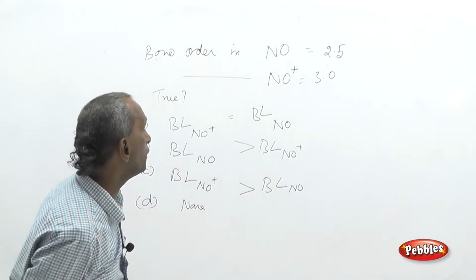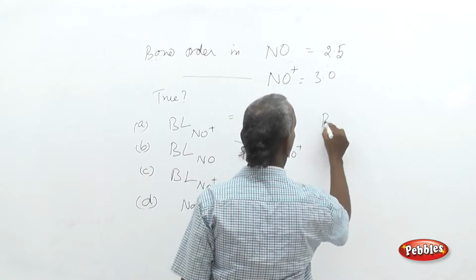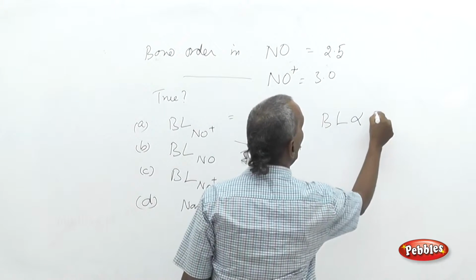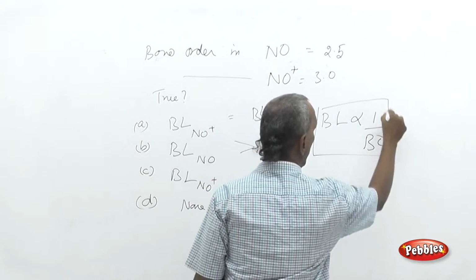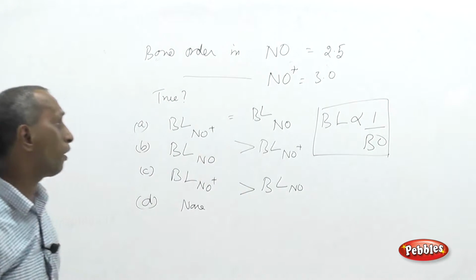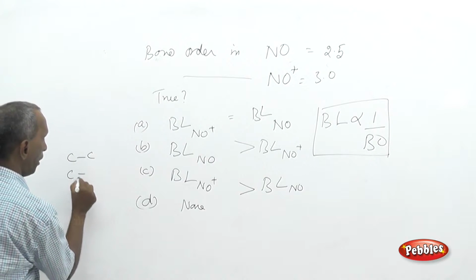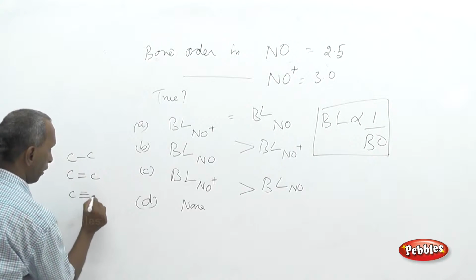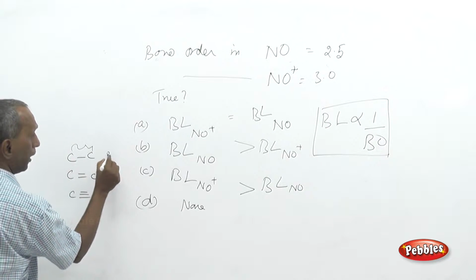That is the question. Here we have to remember that bond length is inversely related to bond order. Already we have studied that bond order is the number of bonds: C single bond, C double bond, C triple bond. The distance between the carbon atoms in these cases is called bond length.